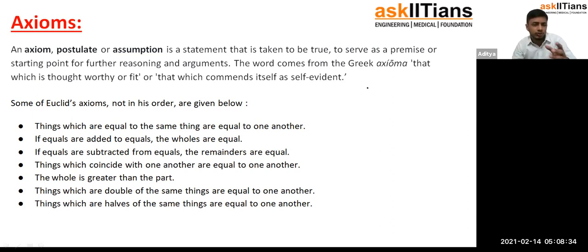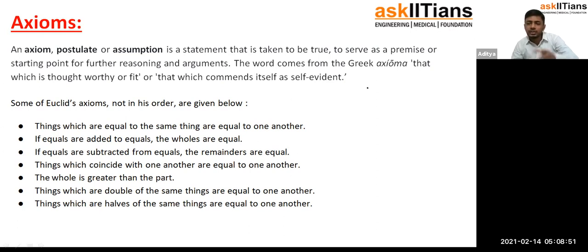Formally speaking, it is a statement that is taken to be true, okay? It is assumed to be true, which means that we cannot prove it to be true. And it serves as a premise or starting point for further reasoning and arguments.